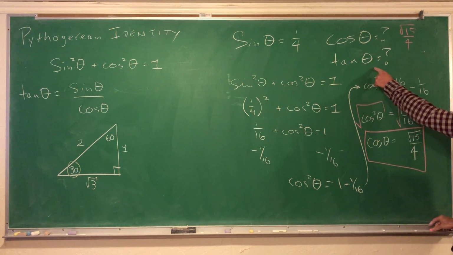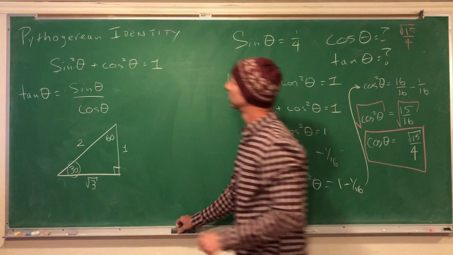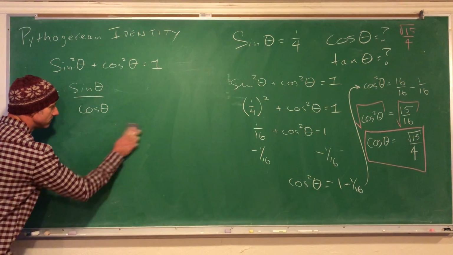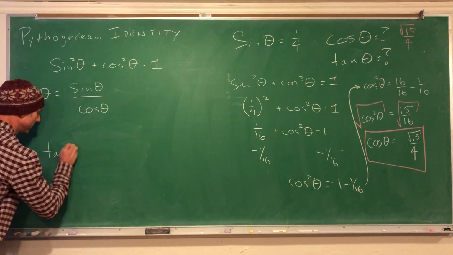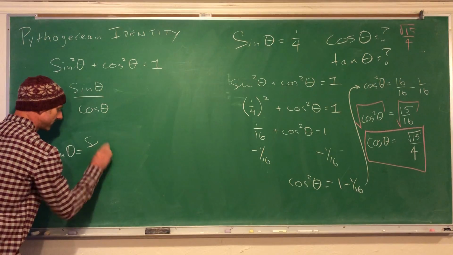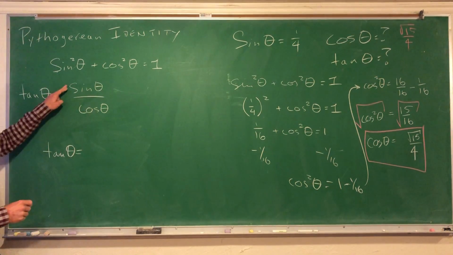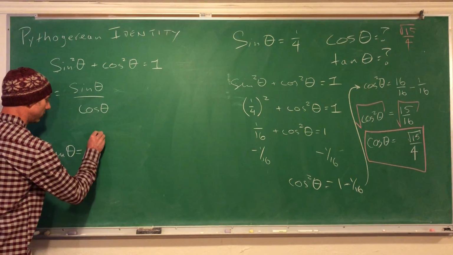Now we need to do tangent theta. Tangent theta we'll do like we did a minute ago. Tangent theta is sine theta over cosine theta. Sine theta is 1/4.